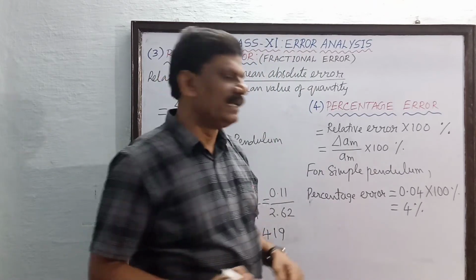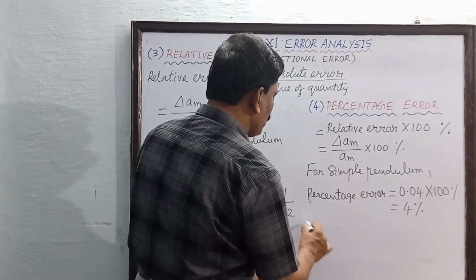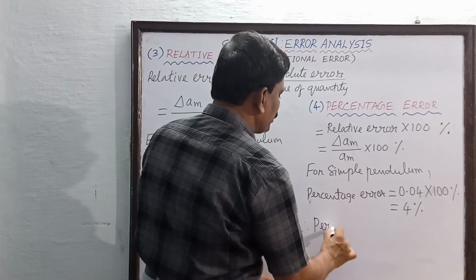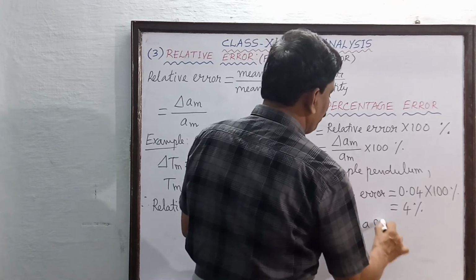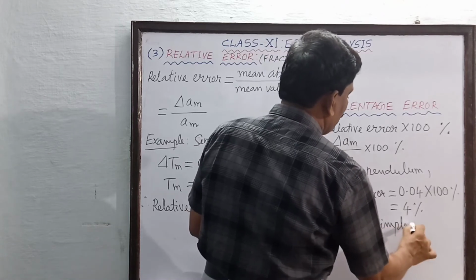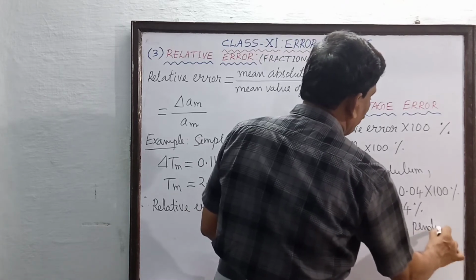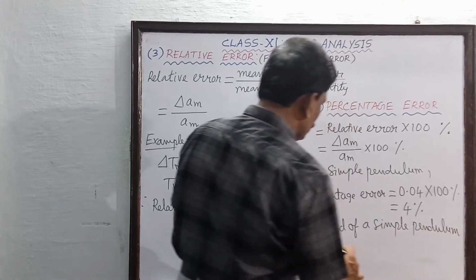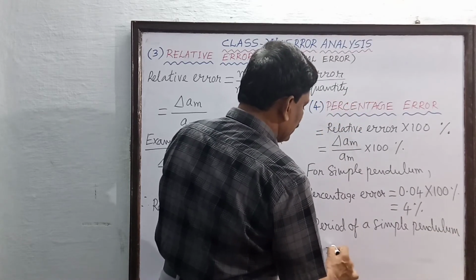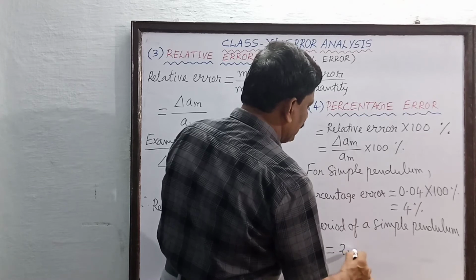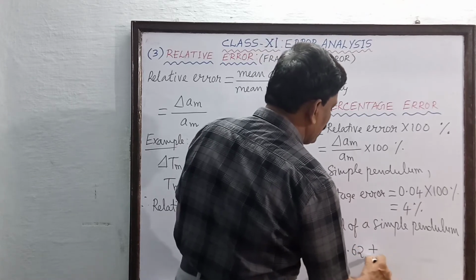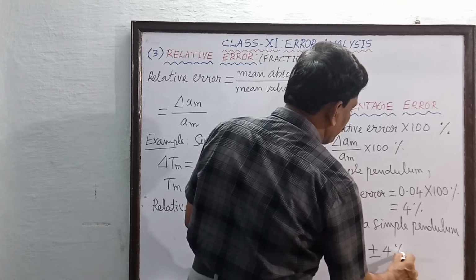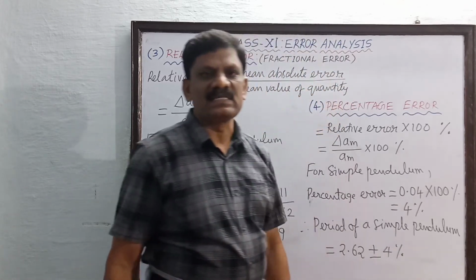What do we mean by this? Therefore, the period of a simple pendulum is equal to 2.62, the average mean value, plus or minus 4%.